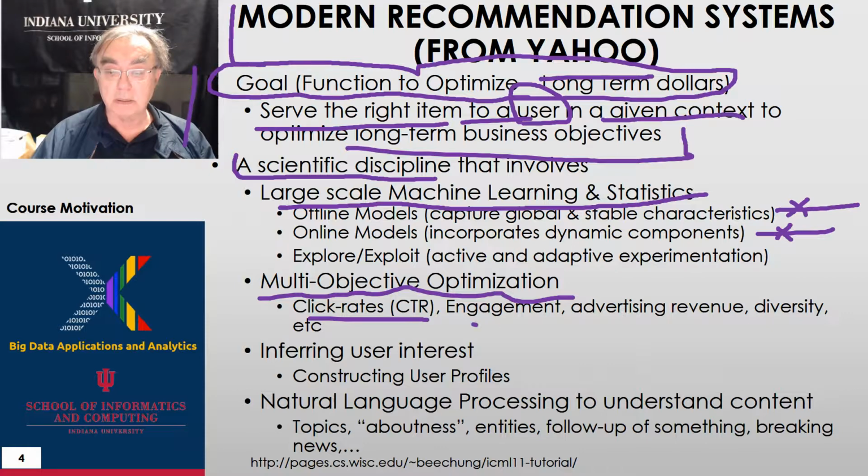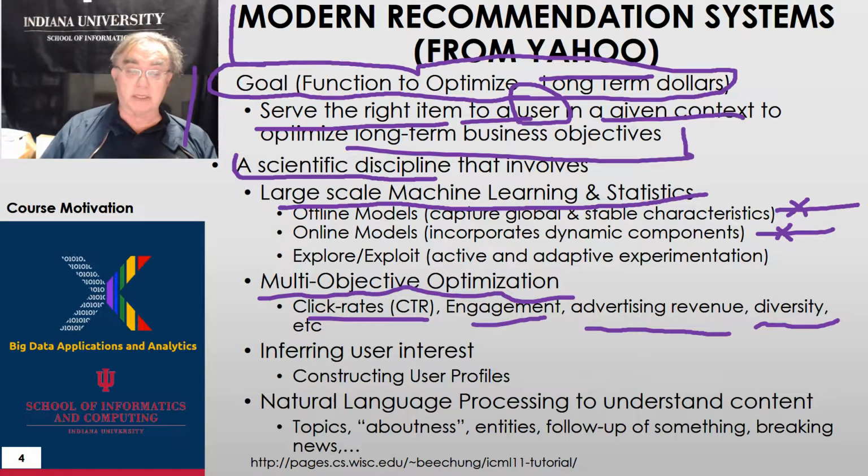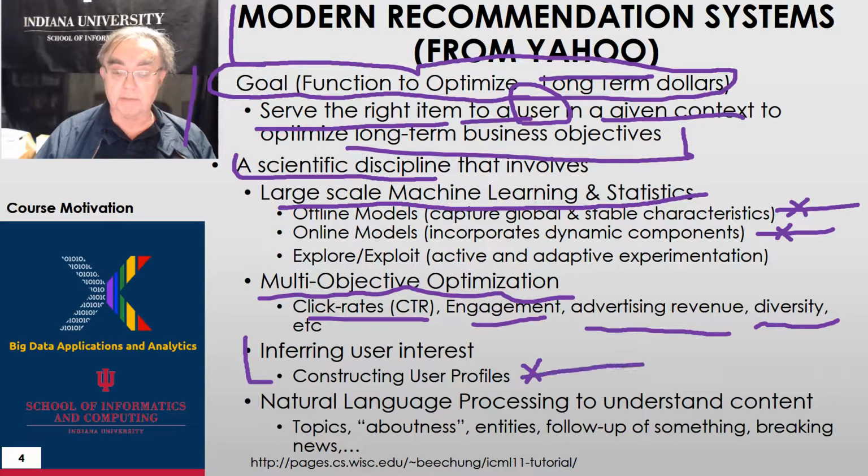Click rates, engagement, which is how long you stay. There's no point if users click but never come back. The money you get, the diversity so that you don't keep recommending the same thing, and so on. We need to try to understand what the user is. We need to effectively calculate user profiles. You can see how valuable those are. So Google knows so much about me now.